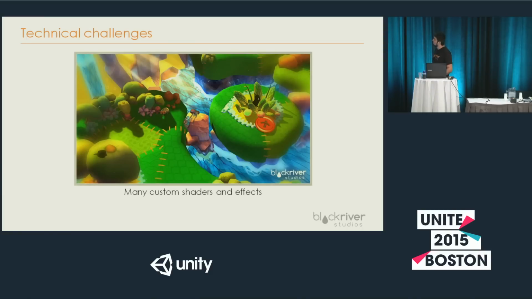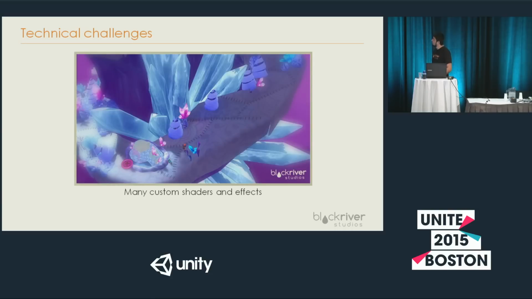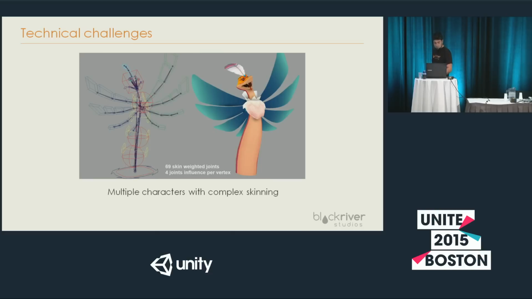And so we had to do effects like this water shader, but still keep the look of a cartoonish effect. And we also have things like ice shaders. And we have, in the same scene, multiple characters. For instance, this character has 69 bones and 4 blend weights, 4 vertices influenced by each bone.